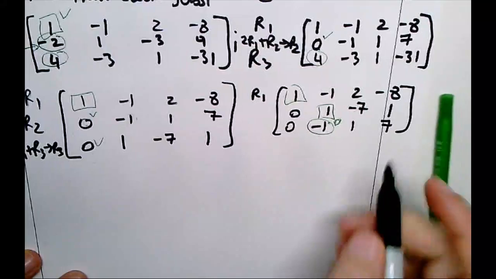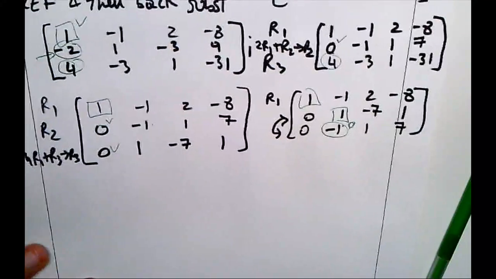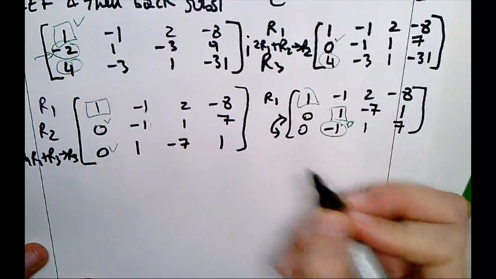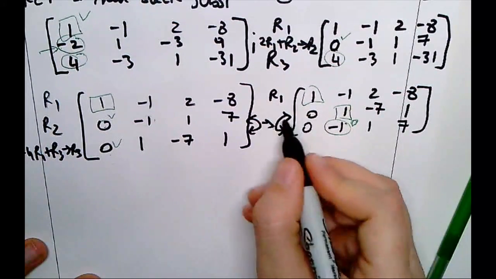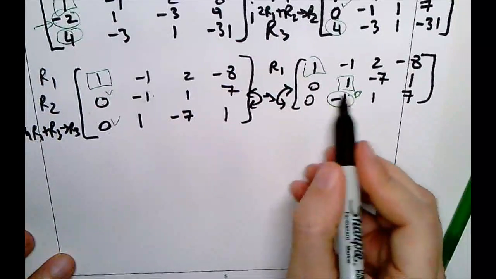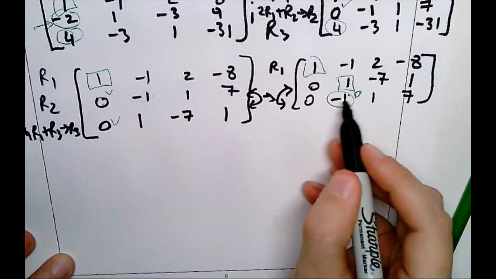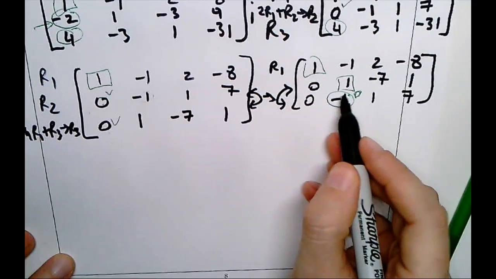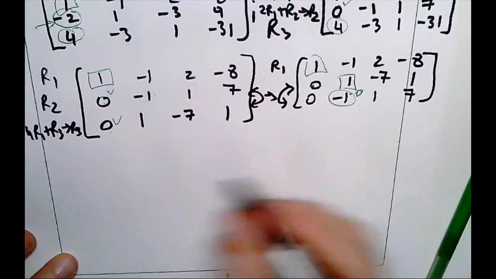How can I make this a 0? We just swapped these two. I'm in column 2, so what multiple of row 2 do I need to add to row 3? Well, 1 and -1 already make a 0.